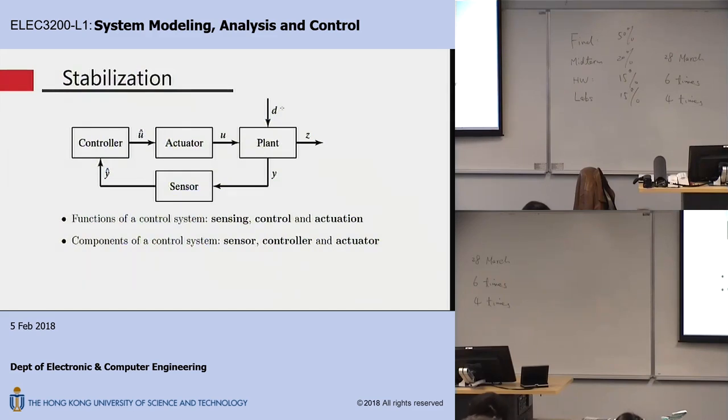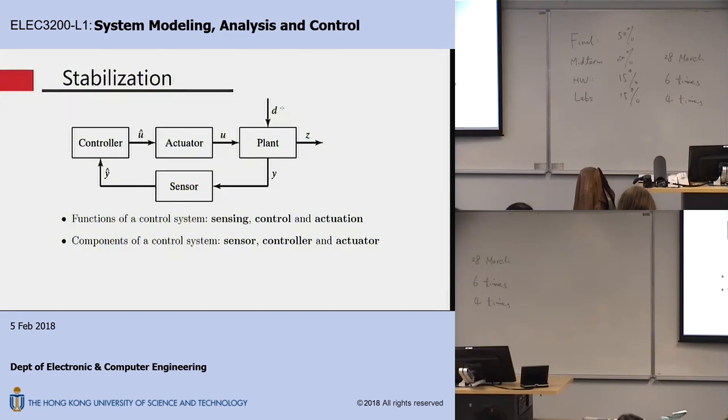How do we connect the controller with the plant so as to get a control system? This is a control system. You see, this feedback control system is a loop. You have a loop here. It goes like this. You have a plant here. You have a controller here.